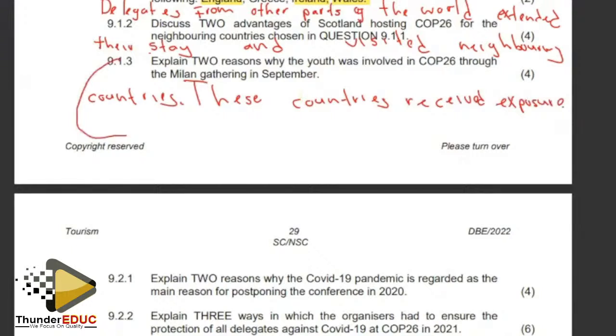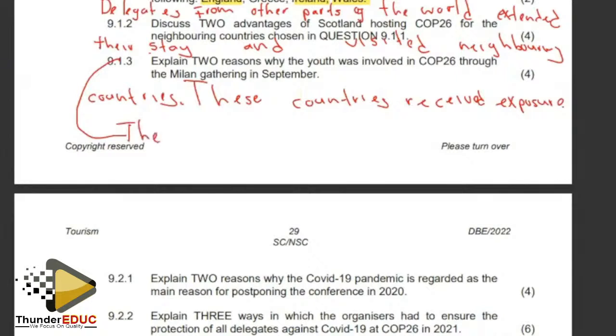Then explain two reasons why the youth was involved in COP26 through the Milan gathering in September.